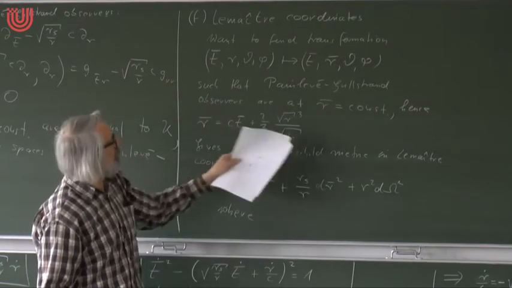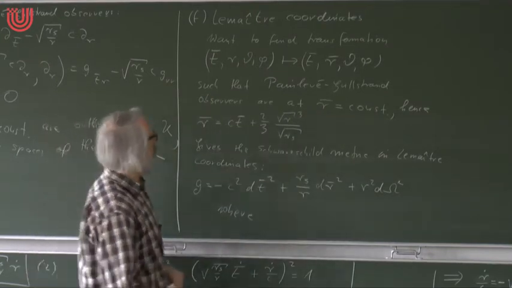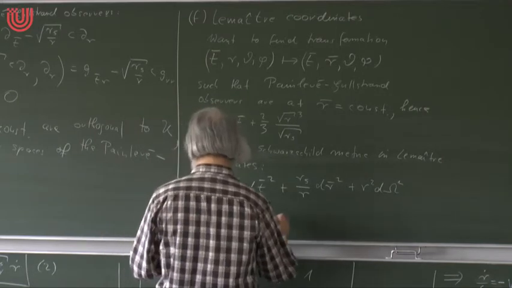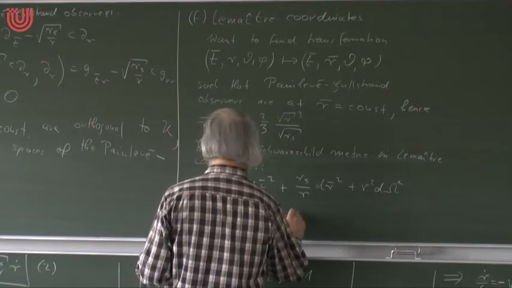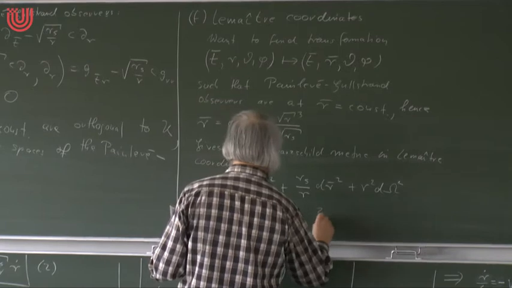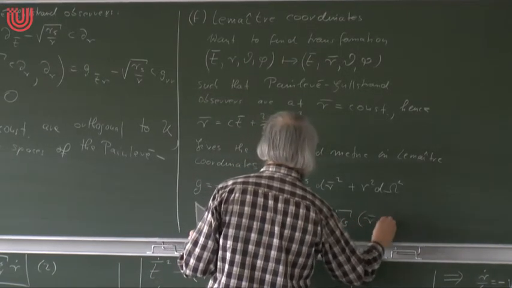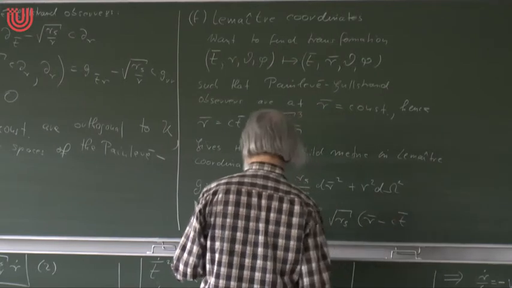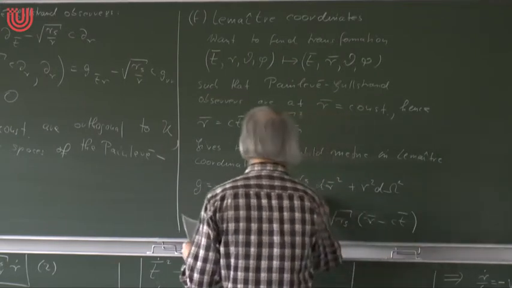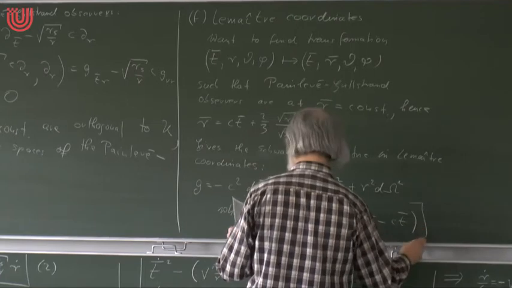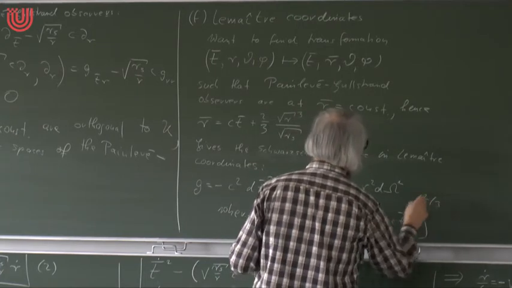And that comes from this equation. I solve this for r, and if I solve this for r, then I get 3/2 root rs times the bracket of r bar minus c t bar, and the whole thing to the power 2/3.